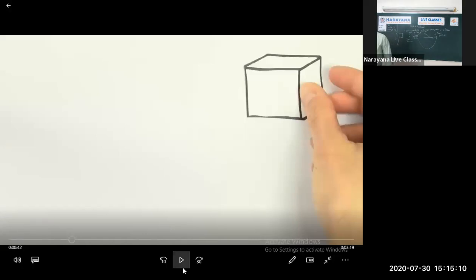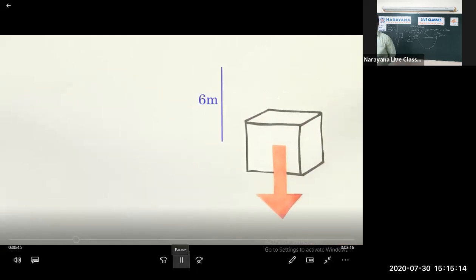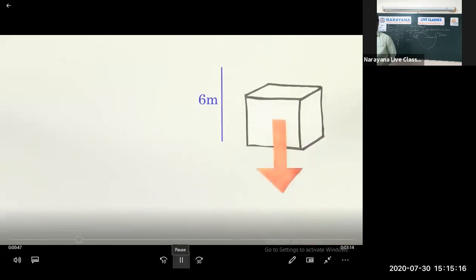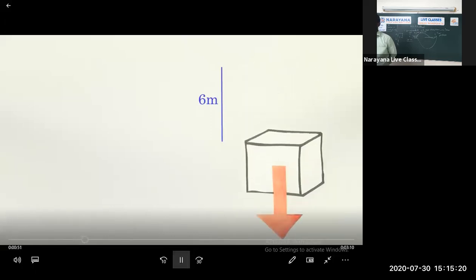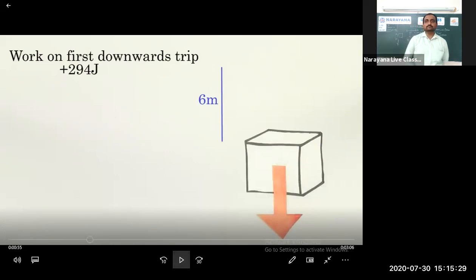Now let us see when it moves in the upward direction, what will be the work? For the downward trip, we got plus 294 joules. Work done by the downward trip is 294 joules.